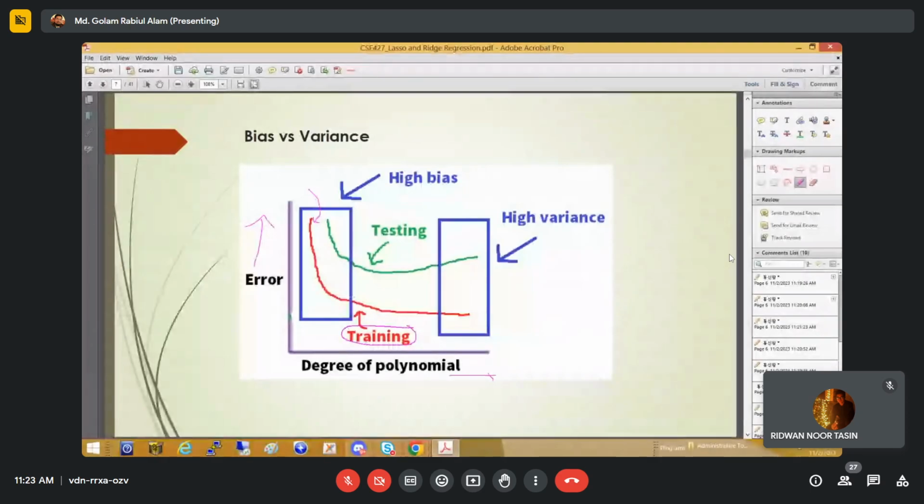And for the other part of the data set, we have the testing curve, and we can see that the error for the testing curve is also high. We can see the difference between the training errors and testing errors, and those are just higher. So that's why this kind of model has high bias and also high variance.